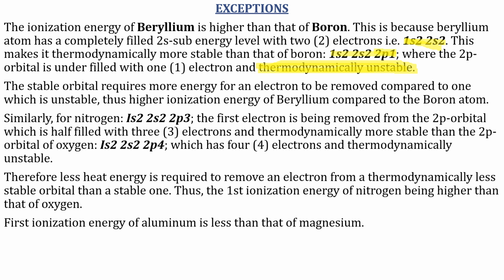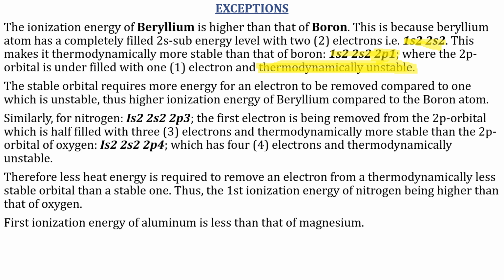Partially filled can also mean half filled, so many students have a tendency of writing partially filled. Partially filled is wrong. You state the number of electrons present and you tell us that it will be thermodynamically unstable.